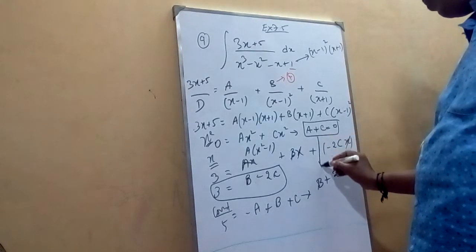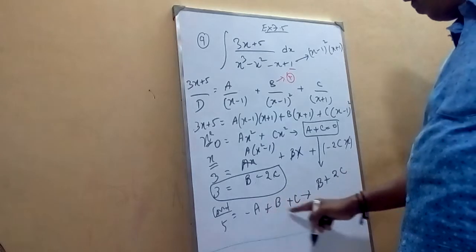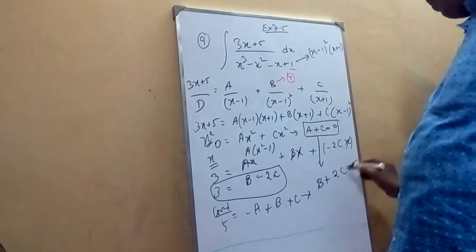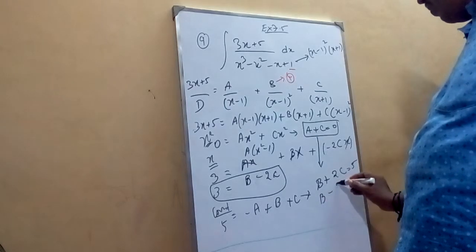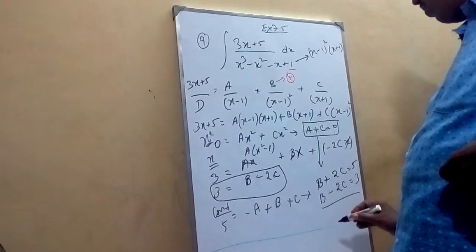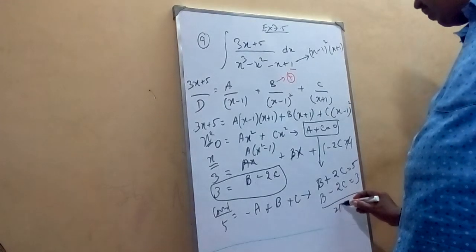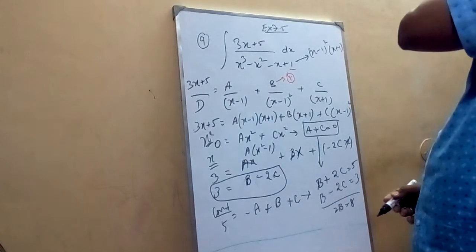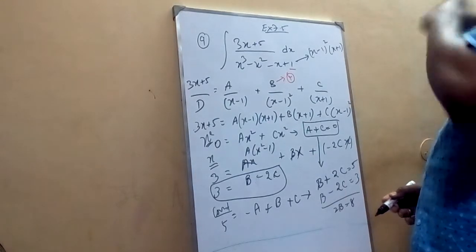Comparing this 2 and this 2, b plus 2c is equal to 5 and b minus 2c is equal to 3. Therefore I get 2b is equal to 8, b is equal to 4. What? Both the values I can't get. I am making somewhere some mistakes.